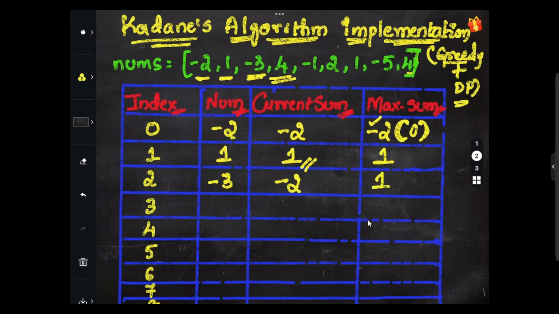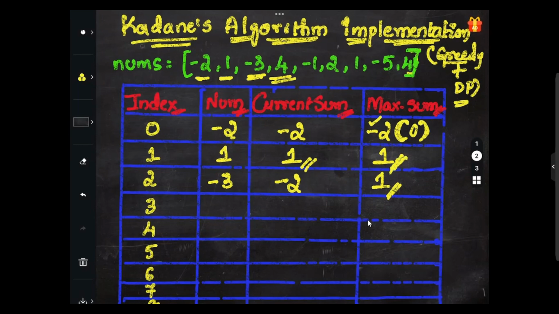Why do we consider 1 here? As I have said earlier, we will reset the current sum to 0, and the maximum sum will remain 1 itself. So just keep this in mind: we reset the current sum to 0, and the maximum sum remains from the previous sum, 1.